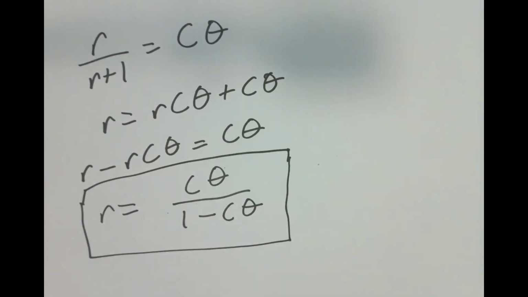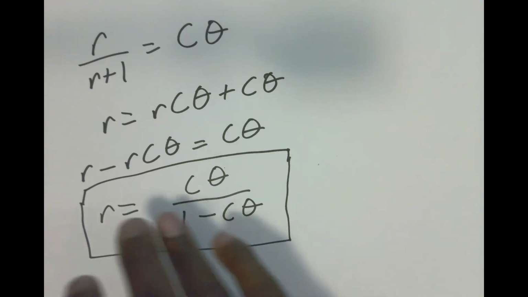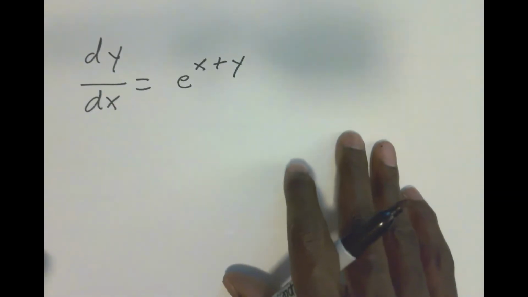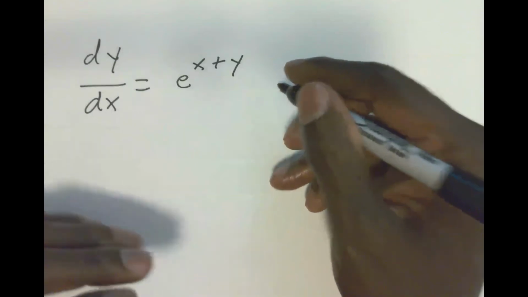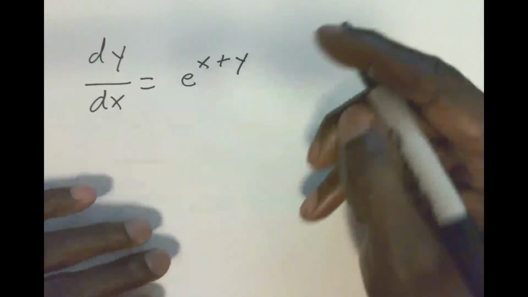Let's go to the next one. The last two I'm going to do represent problems that are indeed first order separable differential equations, but may not look the part at first sight. So this guy, initially, may not look like a product of two functions, because it looks like just one function.